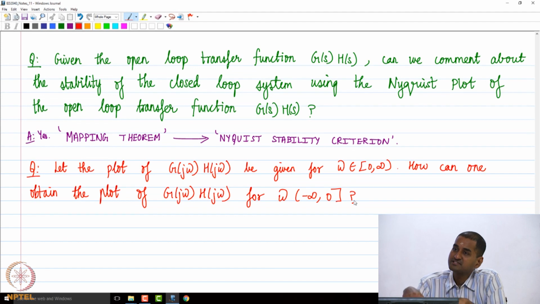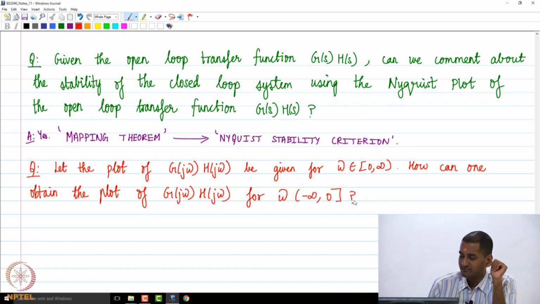Please try this out for all the transfer functions that we have plotted till now, and figure out what happens. Let me do one example, and then I am going to let you extrapolate.